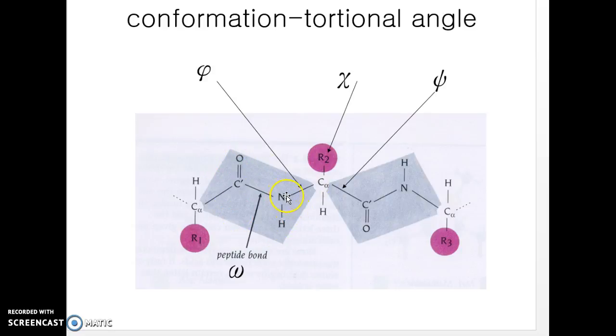Peptide bond nitrogen and C alpha single bond called phi, and peptide bond carbonyl carbon, or alternatively carbon prime, and C alpha psi torsion angle are major two sites for different conformations in main chain.